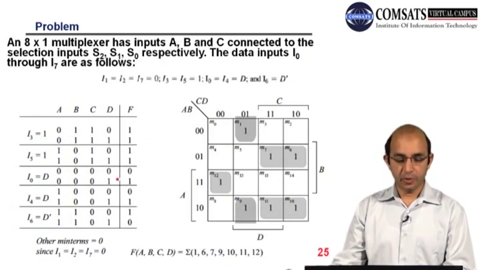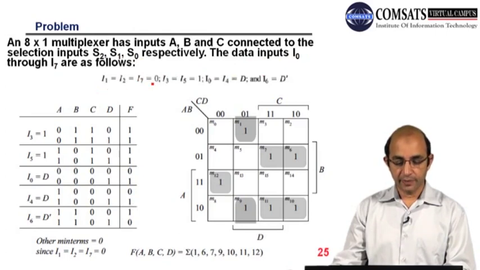So let's have another problem. We have to design an 8 into 1 multiplexer that has inputs A, B and C. And we have 3 selection switches S2, S1, S0, and the data inputs are I0, I1, I2, I3 until I7.